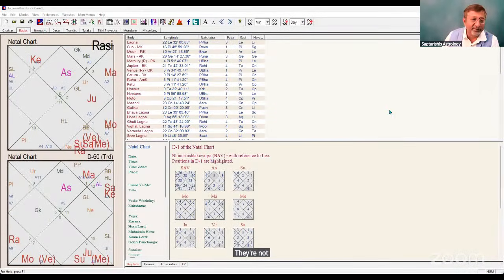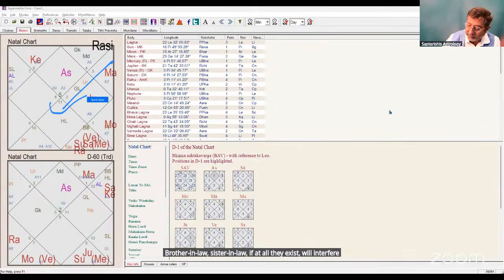So now let's take this chart. It's a highly complex chart. The first thing in this chart that you can very easily say: brother-in-law, sister-in-law, if at all they exist, will interfere. Why? Ninth Lord is here. They will interfere.